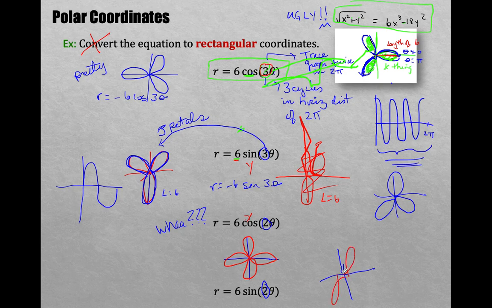Everybody's kind of at 45. Oh, this is so terrible. There's a reason why I wanted you to use your calculator to do this. OMG, Miss Getz, I'm so bad. The point is, though, I didn't get 2 petals. I got 4 petals.